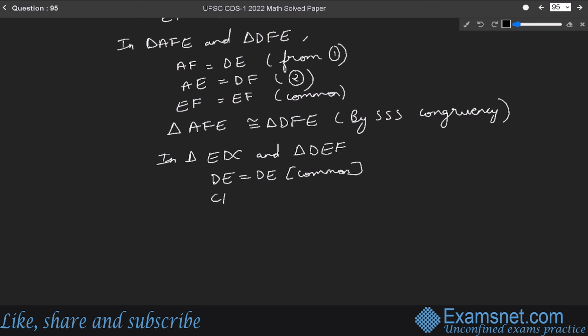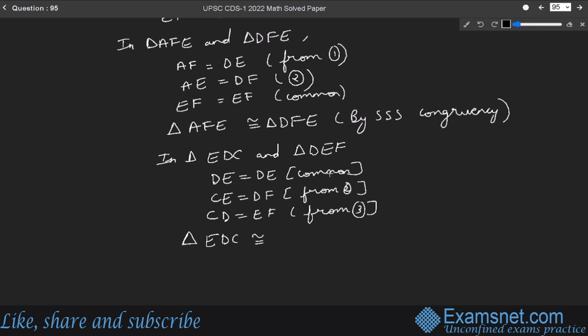And CE is equal to DF from equation number 2. And CD is equal to EF from equation number 3. So again, by side congruency, triangle EDC is congruent to triangle DEF. I hope this concept of side congruency is clear to you now.